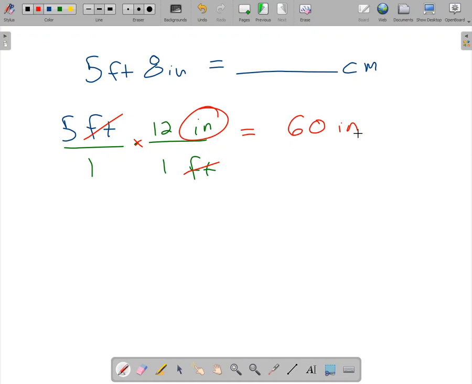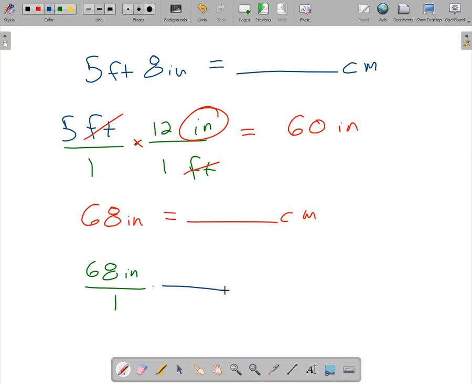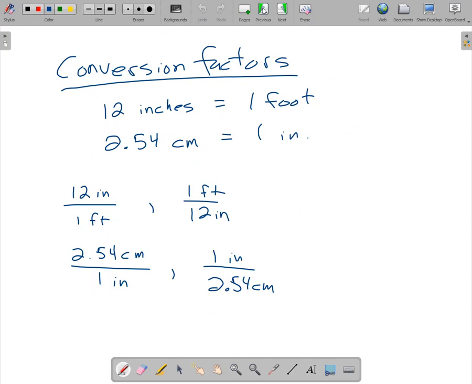So now, plus 8, I have 68 inches. I want to convert that to some number of centimeters. I can just use a conversion factor again, but this time a different factor. So 68 inches, put it over 1, multiply by a fraction with inches in the bottom, and the rate from the previous page was that for every inch, there's 2.54 centimeters.